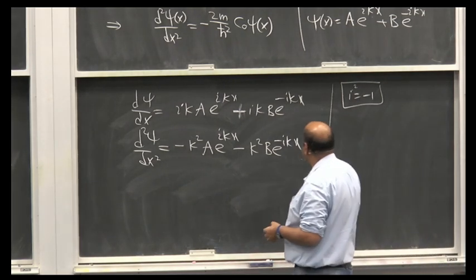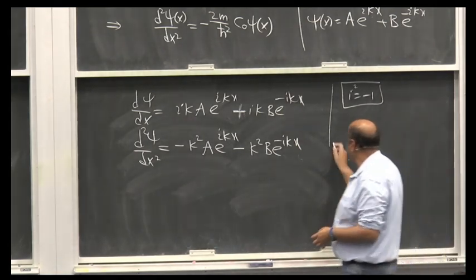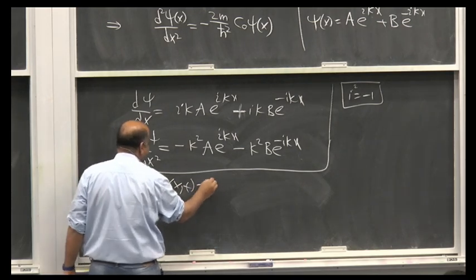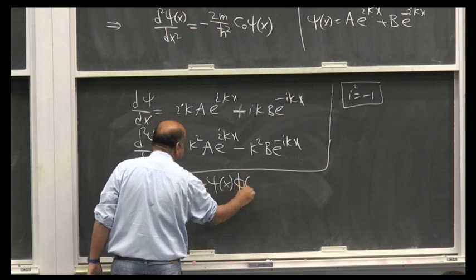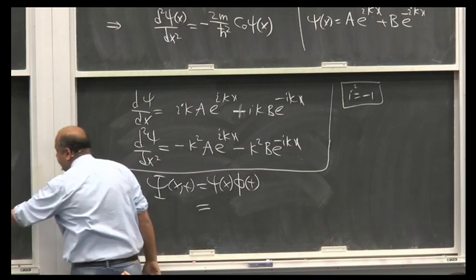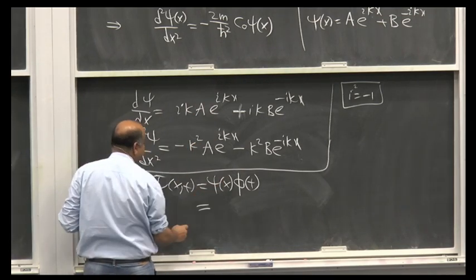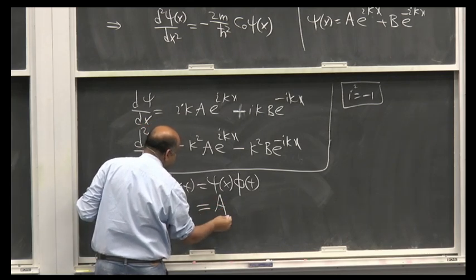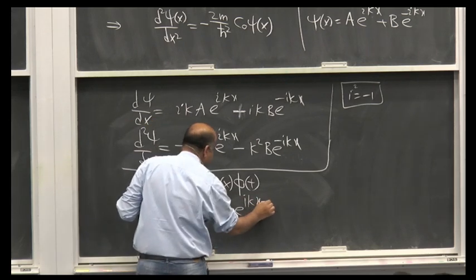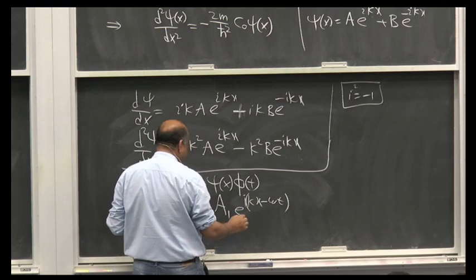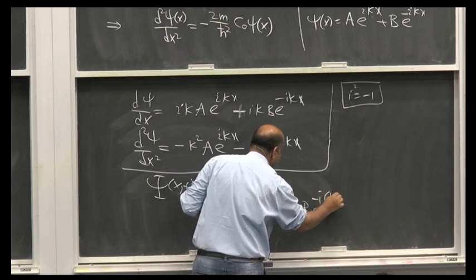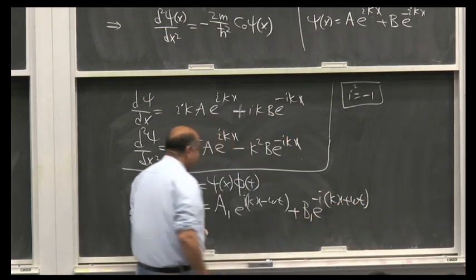अब देखें अगर ये साई है तो कैपिटल साई क्या होगा? So it means, कैपिटल साई ऑफ x, t, which was साई of x into फाई of t, is now, ये साई है और फाई कहां पे है? ये फाई है. इस फाई और उस साई को यहां पे पुट कर दें, you will get some a1 exponential iota kx minus omega t plus some b1 exponential minus iota kx plus omega t.